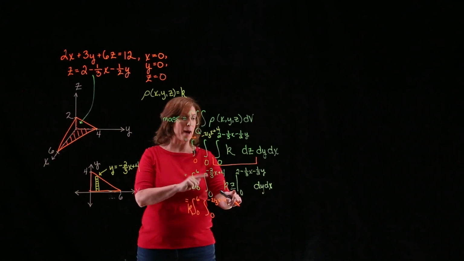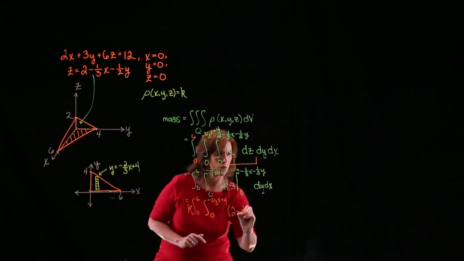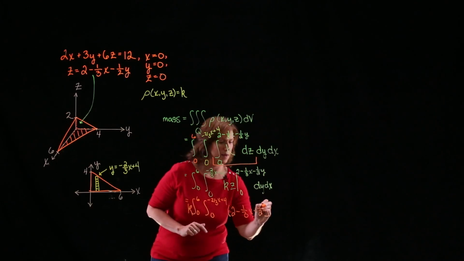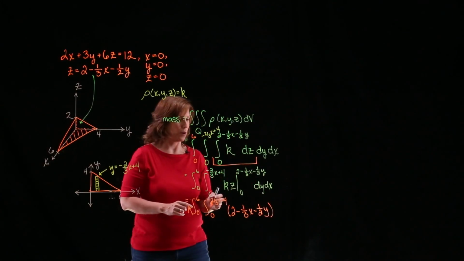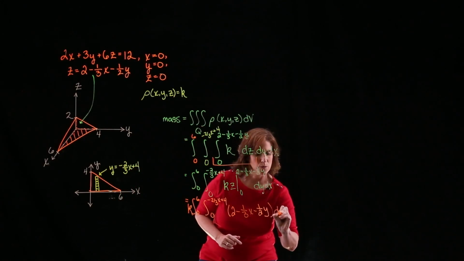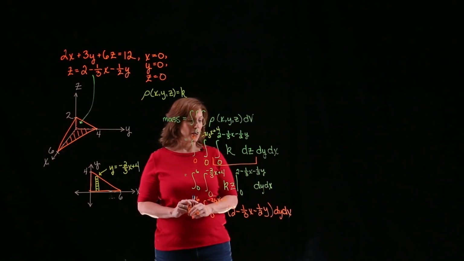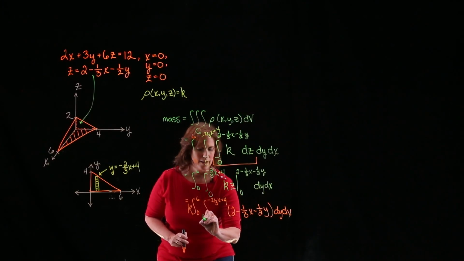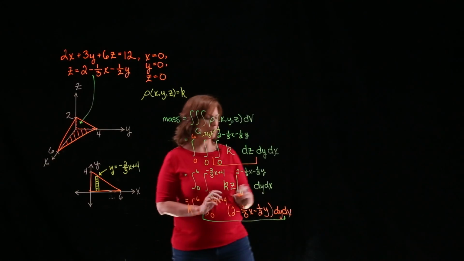So when I plug in my upper limit, I'm going to have 2 minus 1/3 x minus 1/2 y. And then I have to subtract what happens when I plug 0 in for z, but that's just 0. So I've got dy dx. Okay, so now I am ready to start the next integral. Okay, so I'm going to move this up.